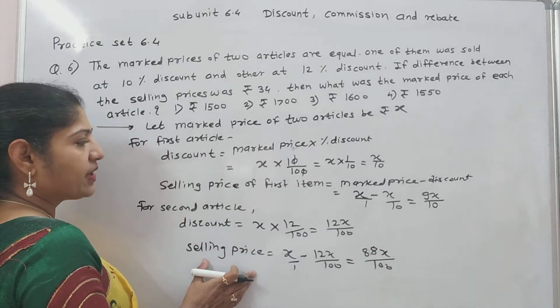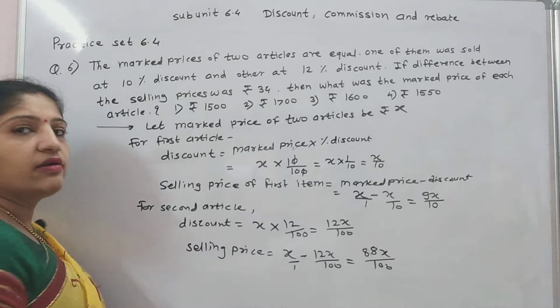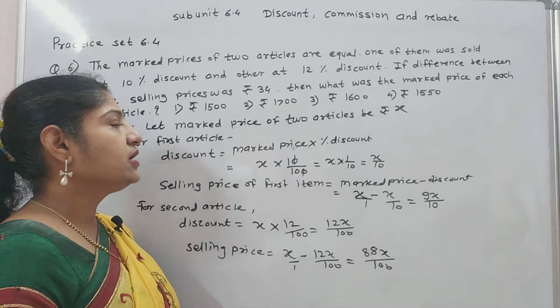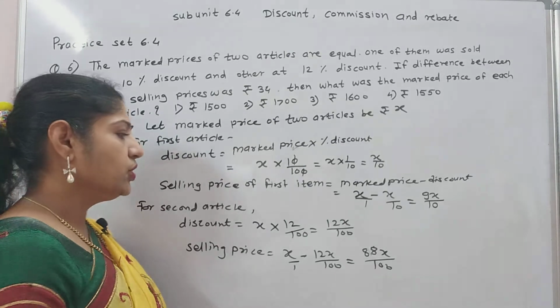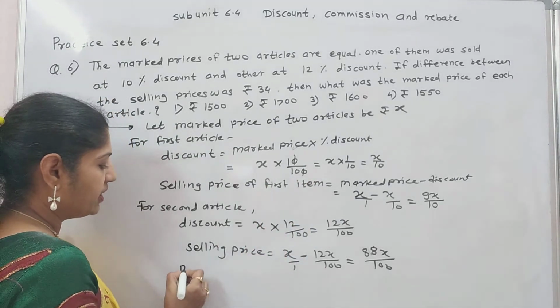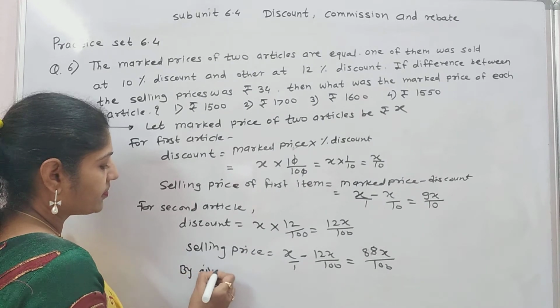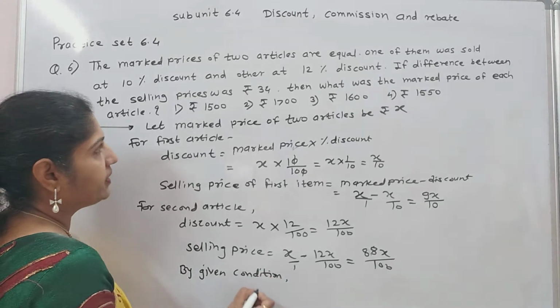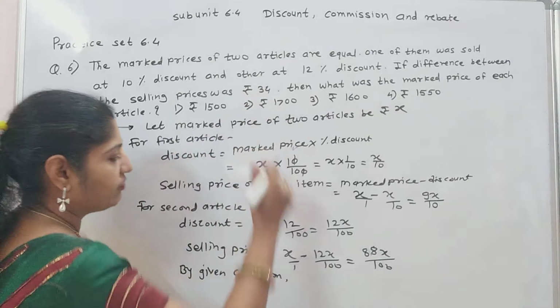This is the selling price, and it is given that the difference between the selling prices is 34 rupees. So by the given condition, the difference between these two prices was 34 rupees.